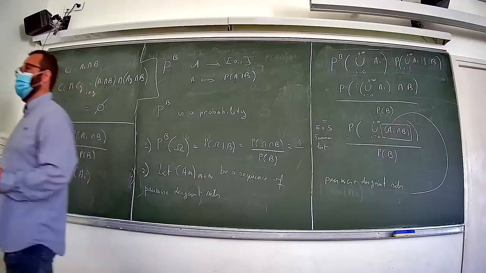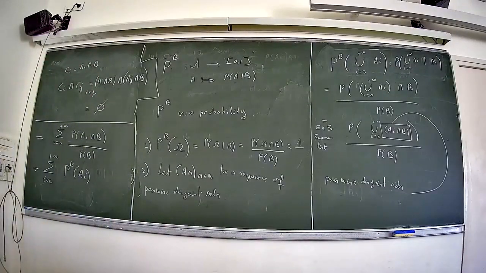Sorry, I didn't understand the last step. Which step? This one. By definition? Because they're independent? No. By definition. What is PB? PB of A is P of A given B. Here, I have P of AI given B, so it is PB of AI.